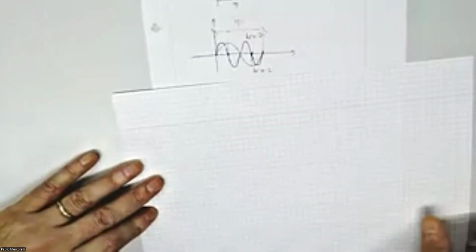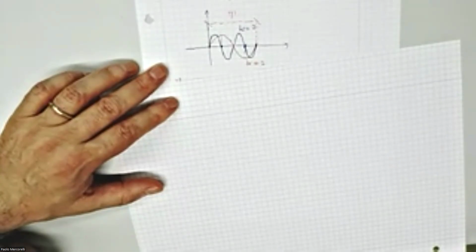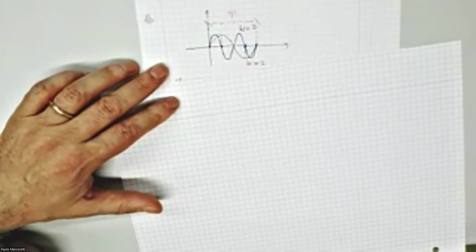Look, what I show you now is exactly this case here. We have two trigonometric functions. I consider here just sine, but of course the same considerations can be made if I take into account cosine. We have two sines.